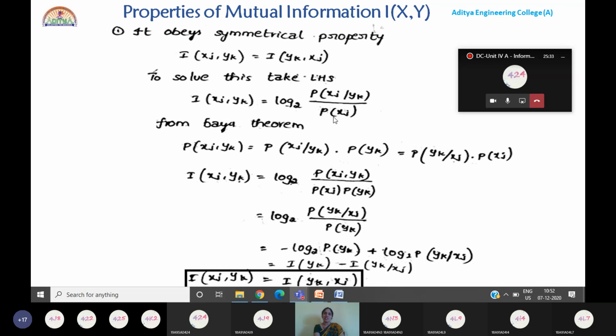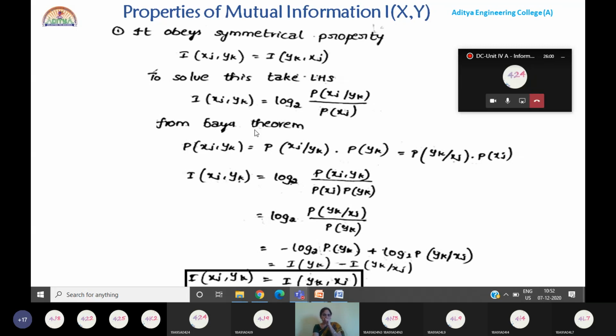But I of xj is minus log p of xj, and I of xj by yk is minus log p of xj by yk base 2. So using that, we have written minus log a plus log b as log b by a. So we have written it as log of p of xj by yk by p of xj, base 2.